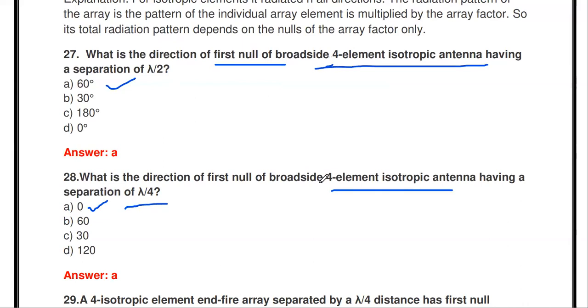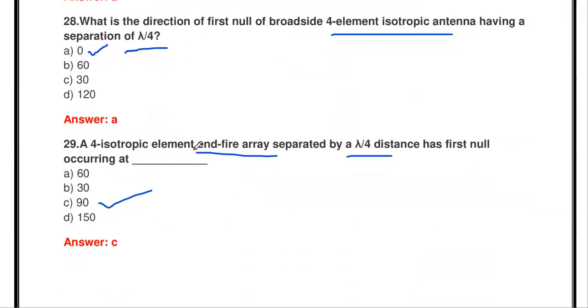For a 4 element broadside array, if the separation is lambda by 2, the first null occurs at 60 degrees. For the same 4 element broadside array, if the separation is lambda by 4, the first null occurs at 0 degree. If it is a 4 element end fire array with separation lambda by 4, the first null occurs at 90 degrees. These are some of the points you have to note down.